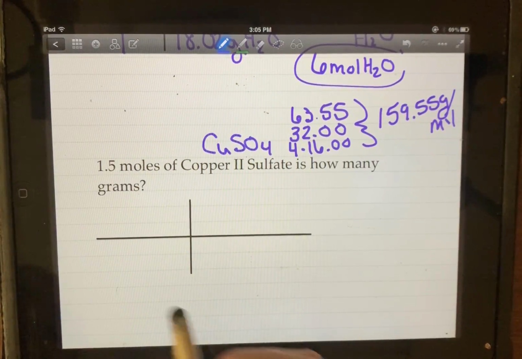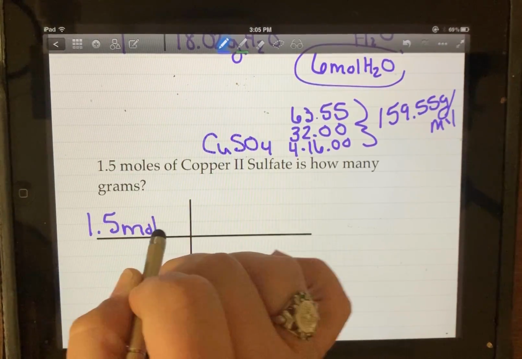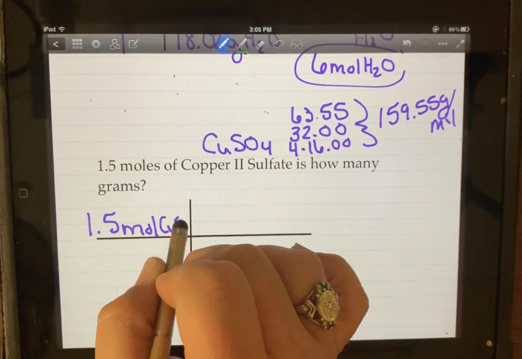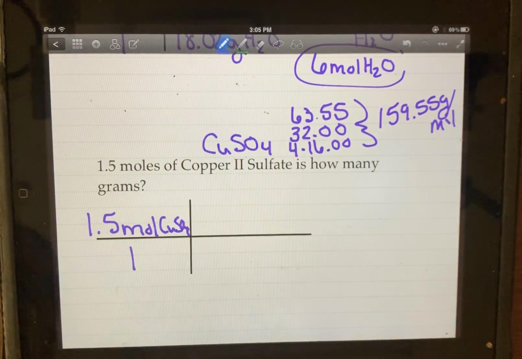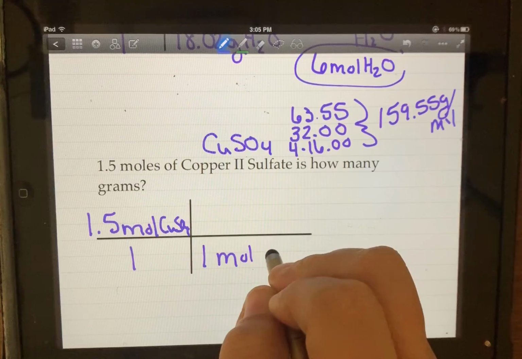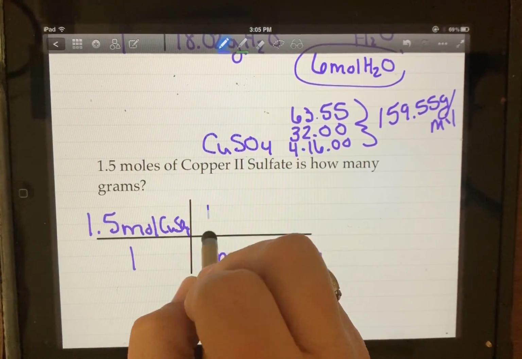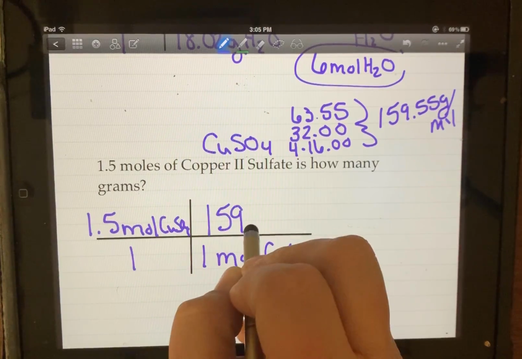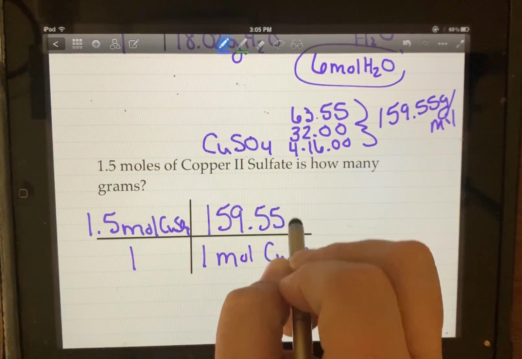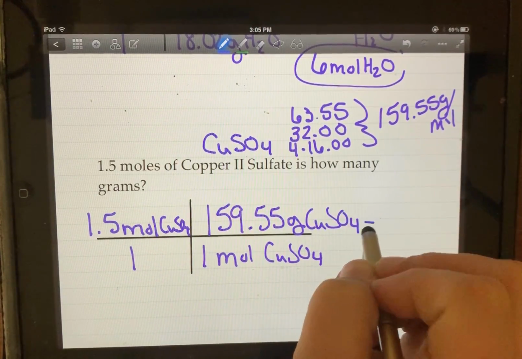So again, I start with what I'm given, which is the 1.5 moles CuSO4 over 1. 1 mole goes on bottom, and I write 159.55 grams CuSO4 on top.